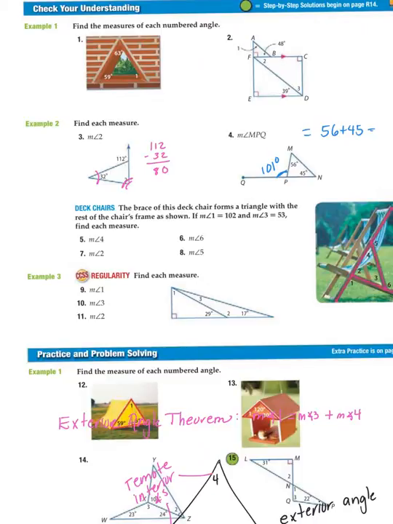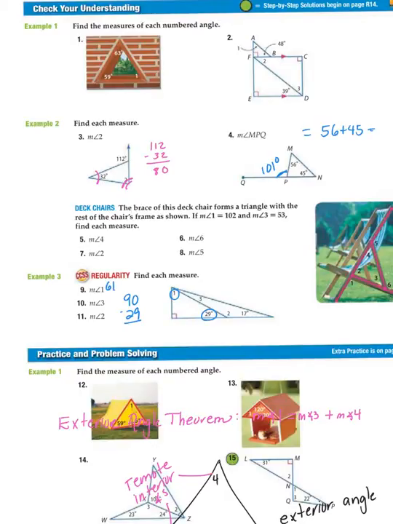Okay, now let's look at these. When I look at number 9, I'm trying to find the measure of angle 1. Angle 1 and the 29 degrees have to be complementary. So I just need to subtract 29 from 90, and that should give me the measure that I'm looking for, which is 61 degrees.